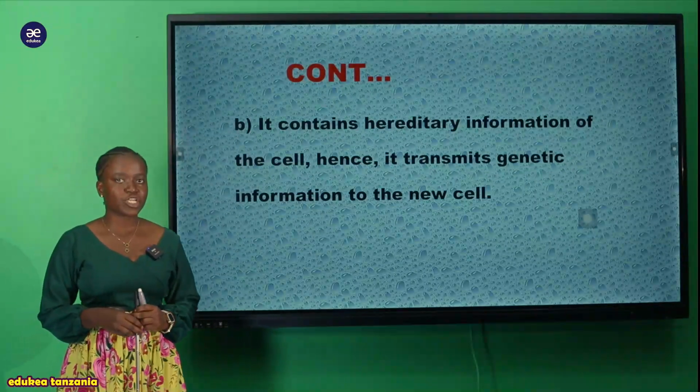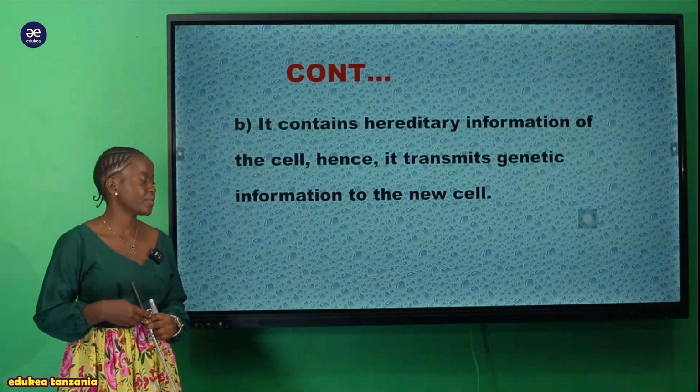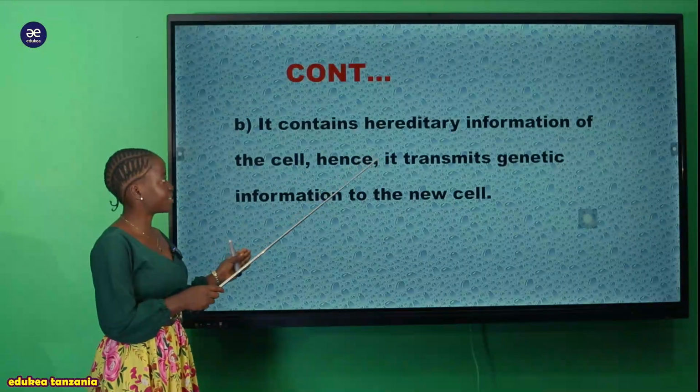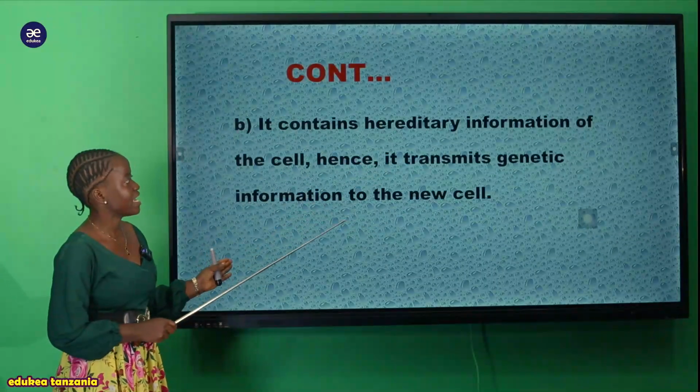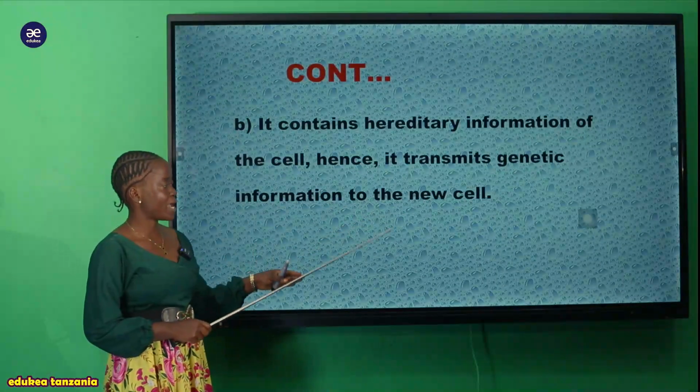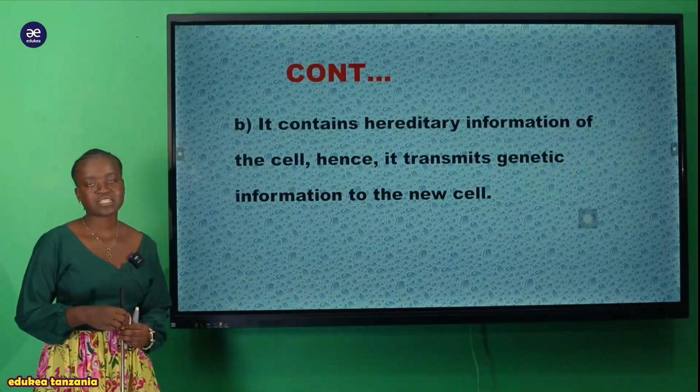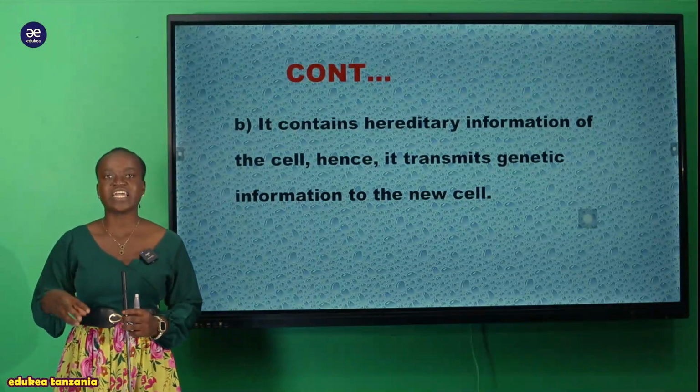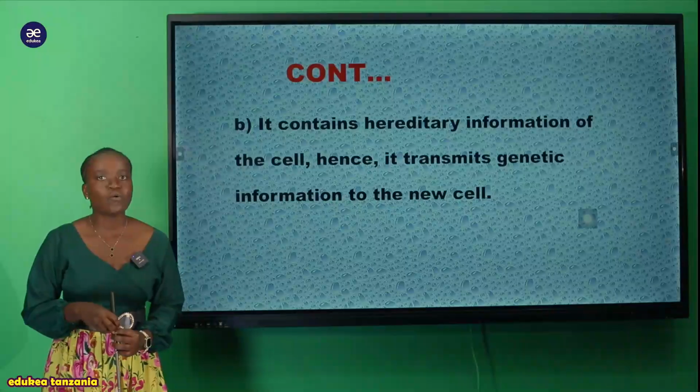And the second function of the nucleus is that it contains hereditary information of the cell. Hence, it transmits genetic information to a new cell. Within the nucleus is where the DNA is located.